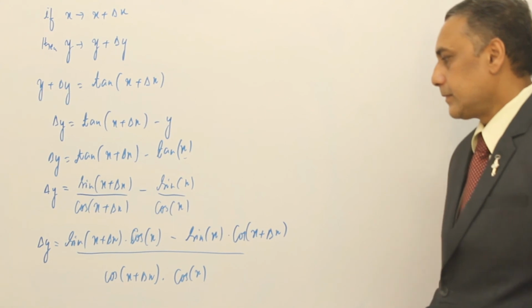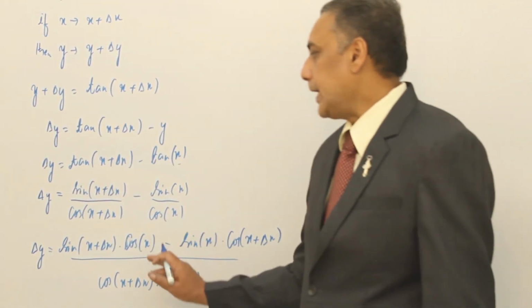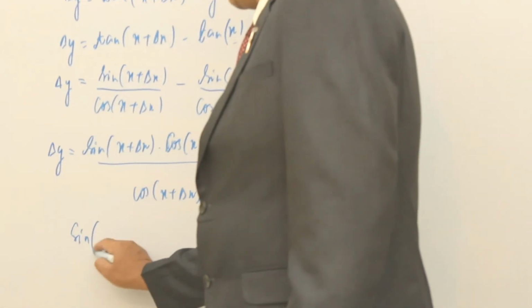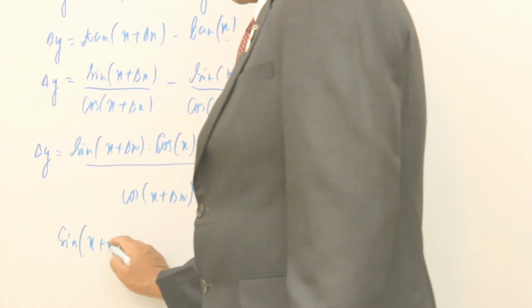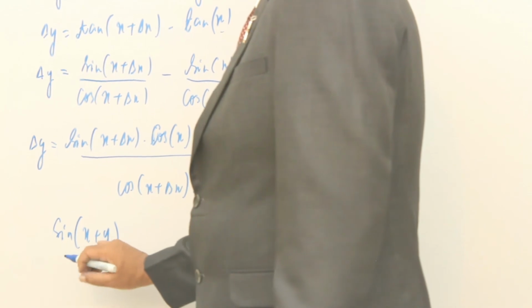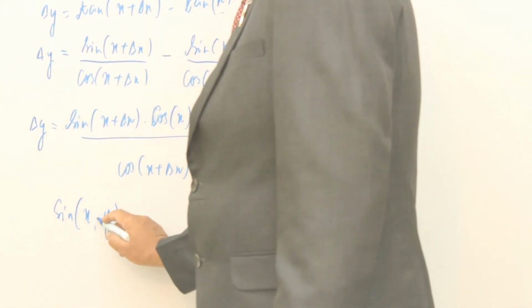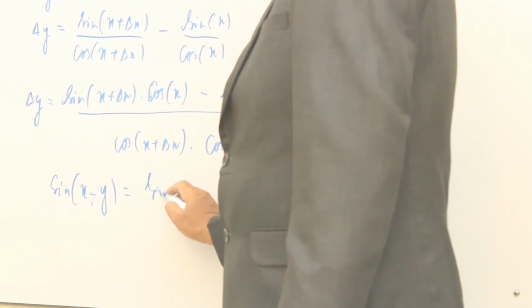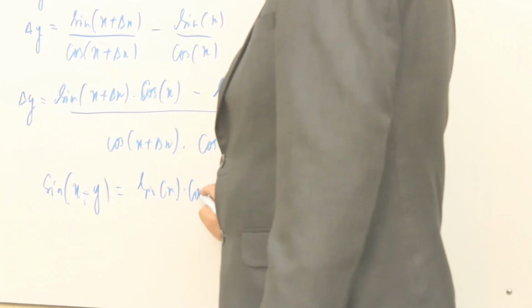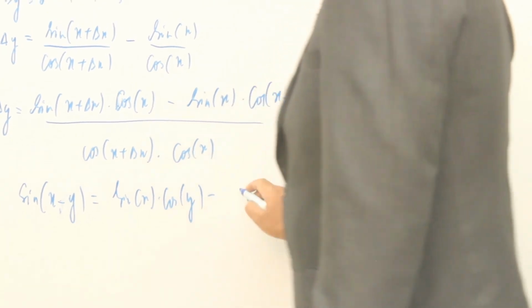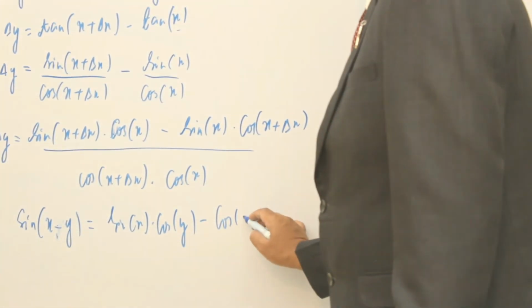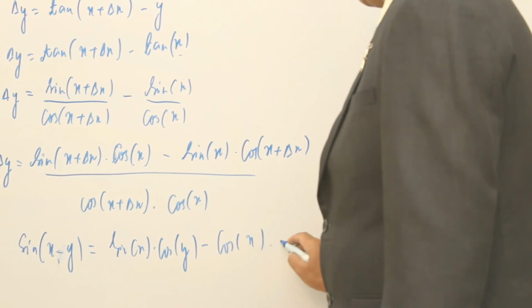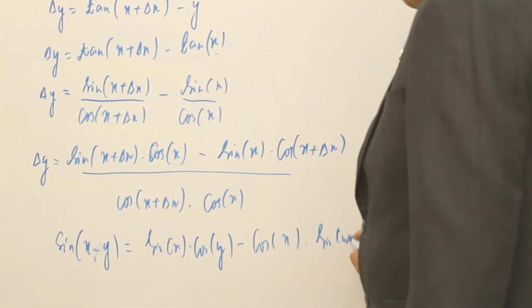Now we know that we have a formula: sin of x minus y equals sin x into cos y minus cos x into sin y.